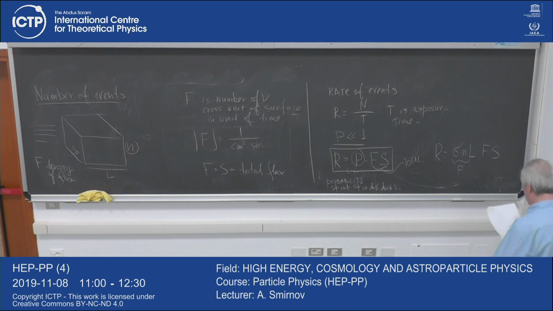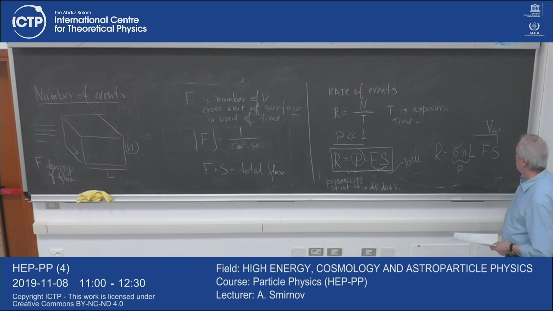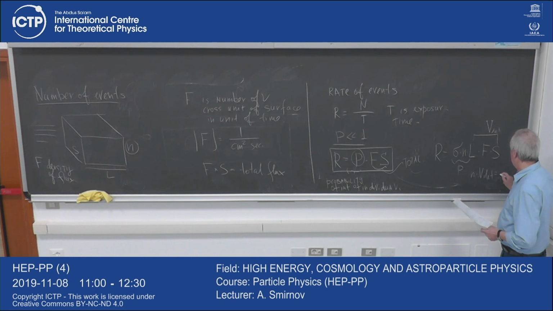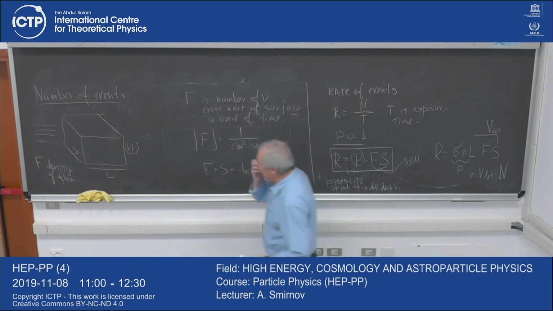Now what remains here is the following. L times S is nothing but the volume of the detector. Multiplied by n, it gives us the total number of particles, n times V, in the detector.